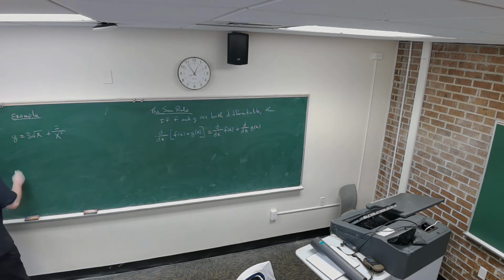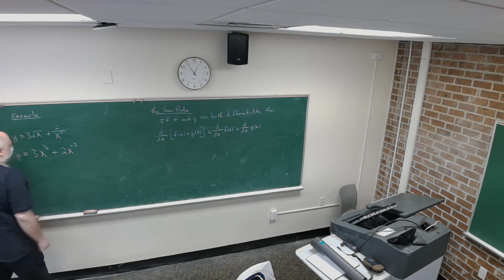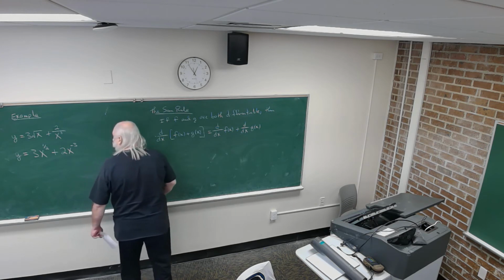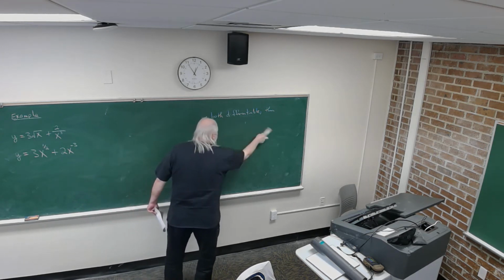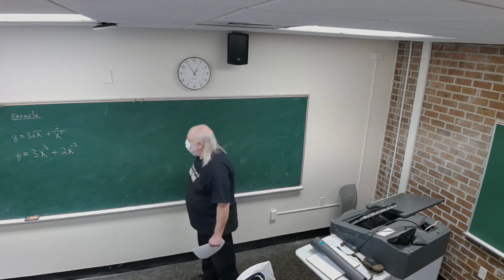So square root of x is x to the 1/2 power, and 2 over x cubed is 2 times x to the minus 3 power. And now we can differentiate this.